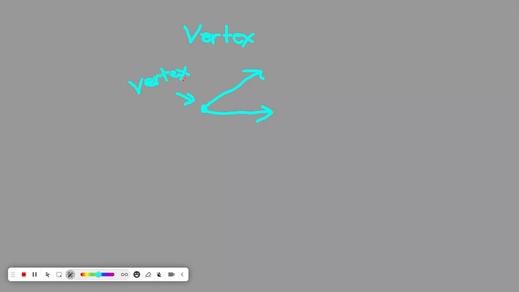So the vertex is the point of intersection of two or more line segments, or rays, where they intersect.